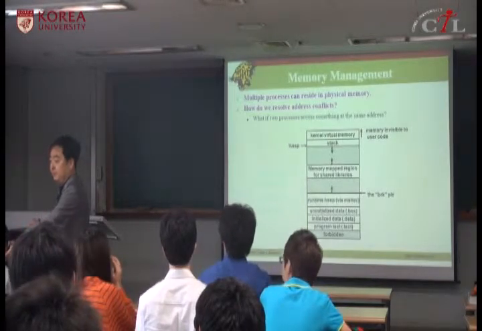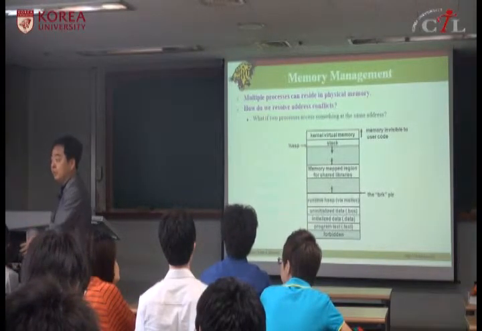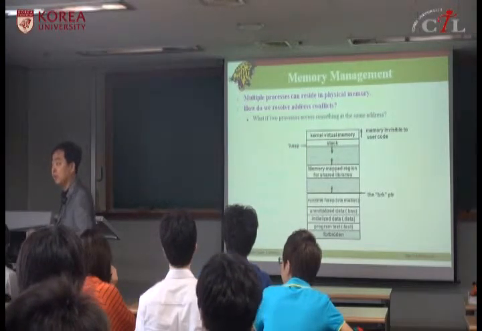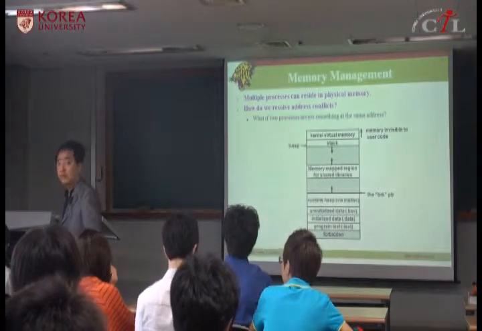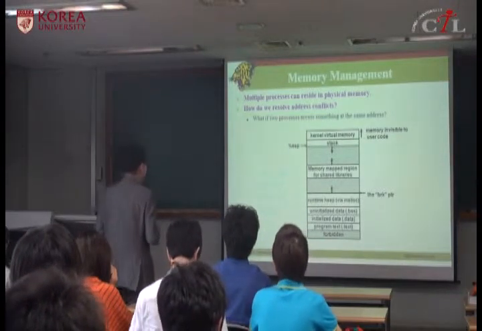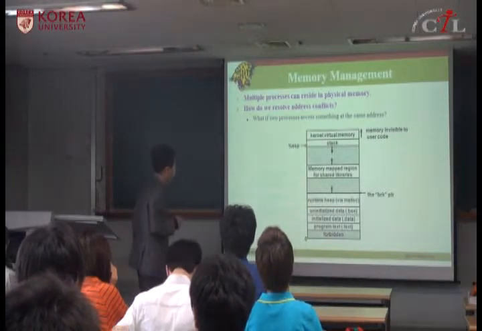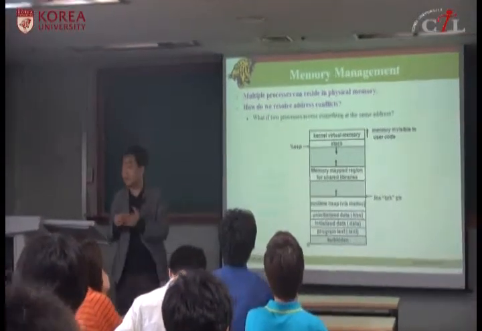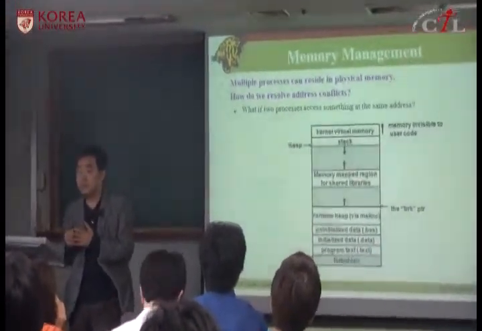It might reference some instruction for this process, and it might reference some data for the other, right? If the program is much smaller. Okay? So how do we resolve this conflict? And what if two processes access something at the same address? Okay? What can you do?